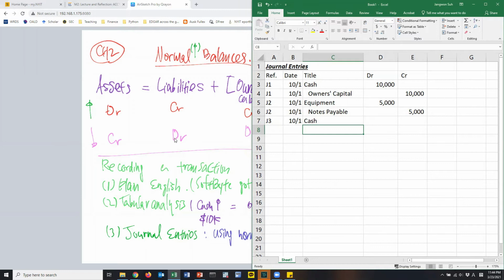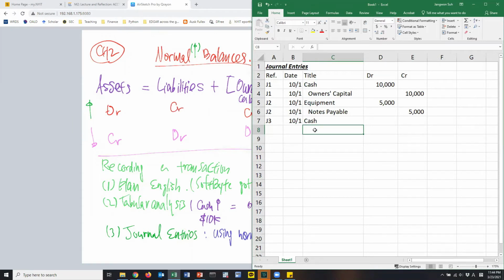Your service in the near future is the one that you owe to your customer. Okay. Again, your liability, the dollar value of your service in the near future, is increasing. Therefore, it should be credited.